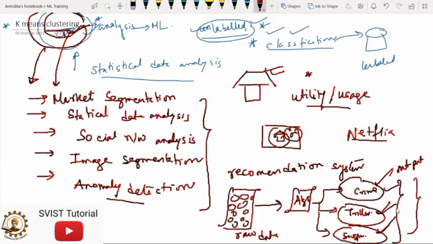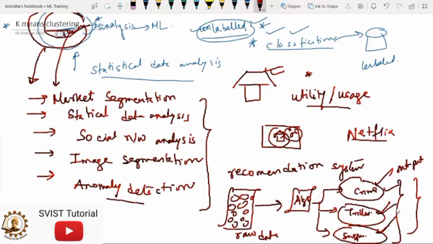But before going into more details, we have to understand what kind of clustering is suitable. Whenever I say that Netflix is using clustering, it does not imply that Netflix or Amazon is using K-means clustering. They can use any other clustering algorithm also.